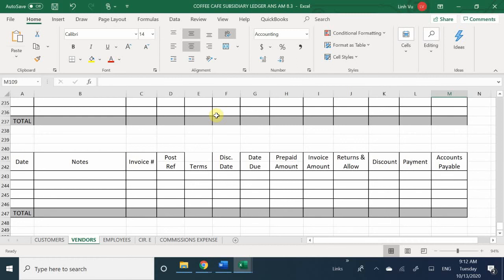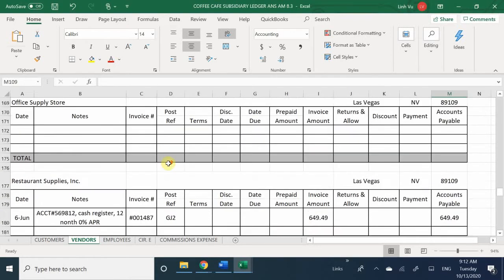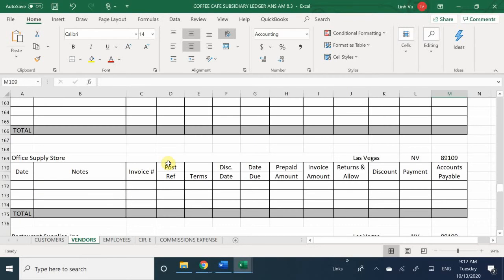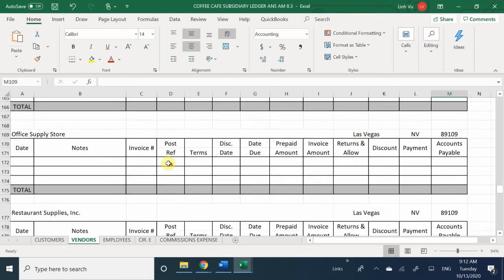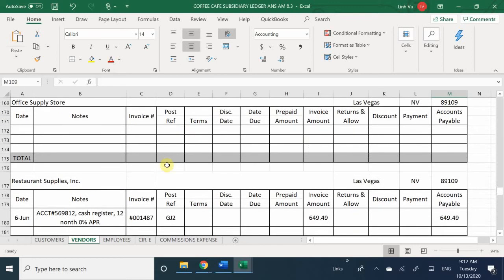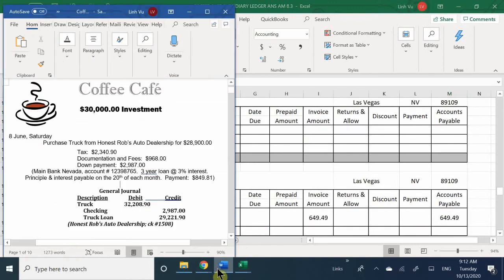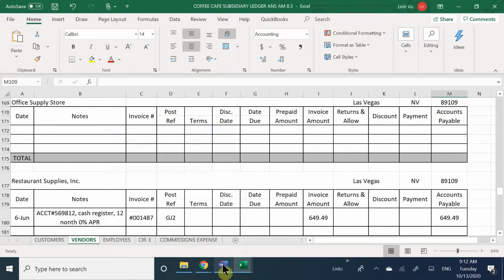It's surely up to you if you want to create one. You don't have to. In this case, I'm not going to, just because I know I have a bank loan. I know what my stuff is. It's underneath my truck loan. So I know what is to be expected. So I'm not going to go ahead and do that. I am done for this little section here.